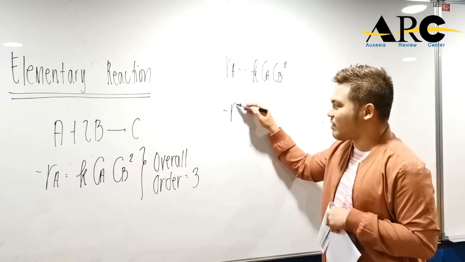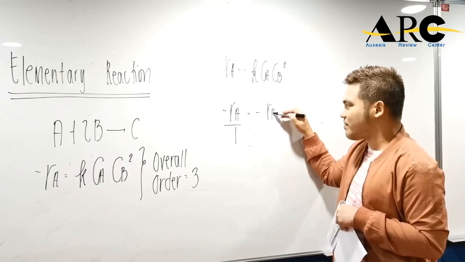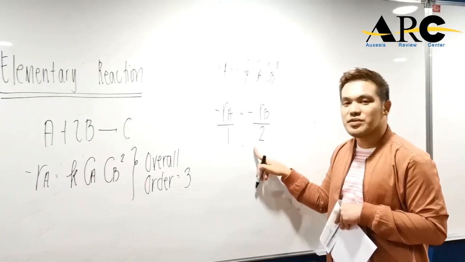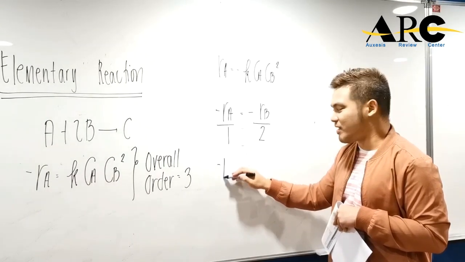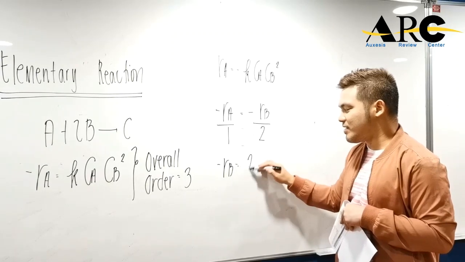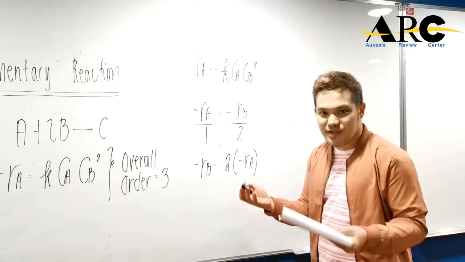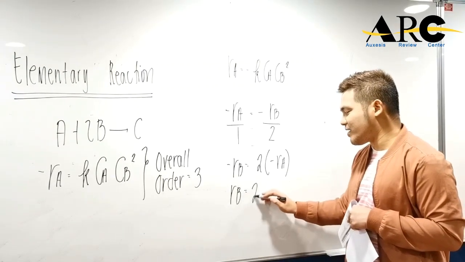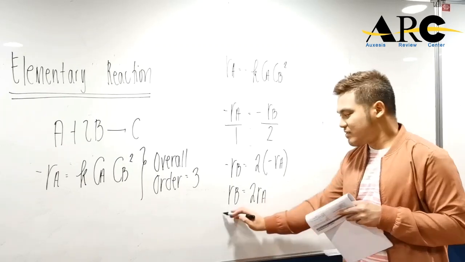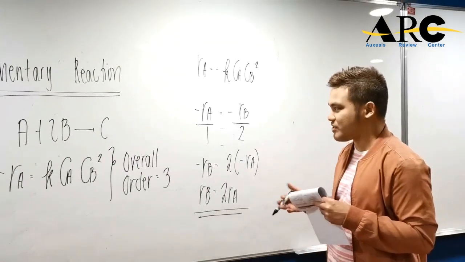We have negative RA over 1 is equal to negative RB over 2. Ibig sabihin, yung negative RB natin is equal sa twice ng negative RA. Kapag gusto natin gawing rate of formation, RB is twice ng RA. Therefore, ang answer dito sa number 6 is letter C.